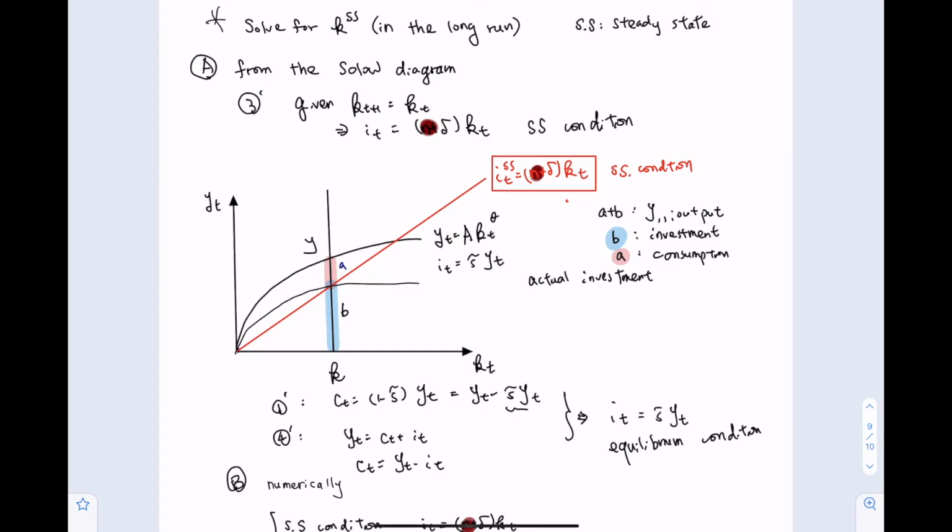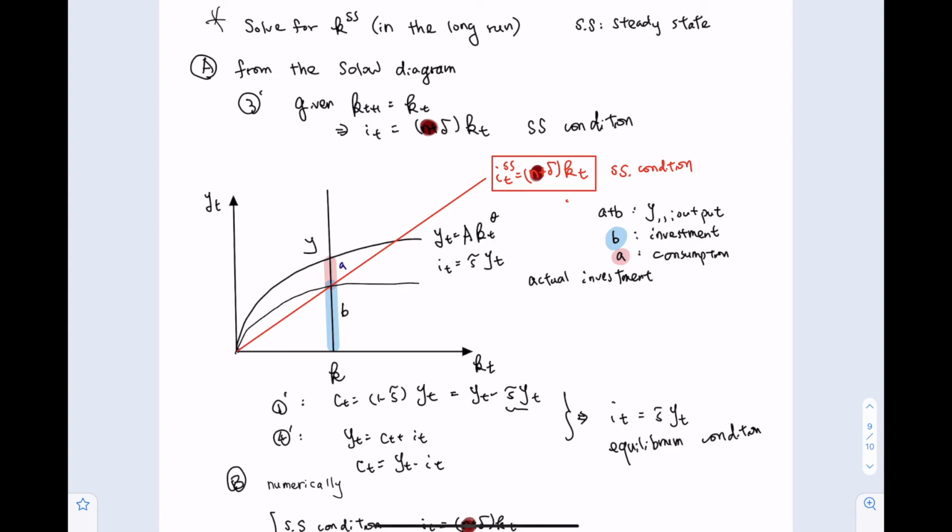And then we know if we want to find the steady state of the economy, we need to find a point where the actual investment equals the investment required to stay at the same level of k. It turned out to be the k highlighted in the diagram. And then we know that under this graph, the portion in A is related to consumption, the portion in B is related to investment, and the portion of A plus B will be the output.